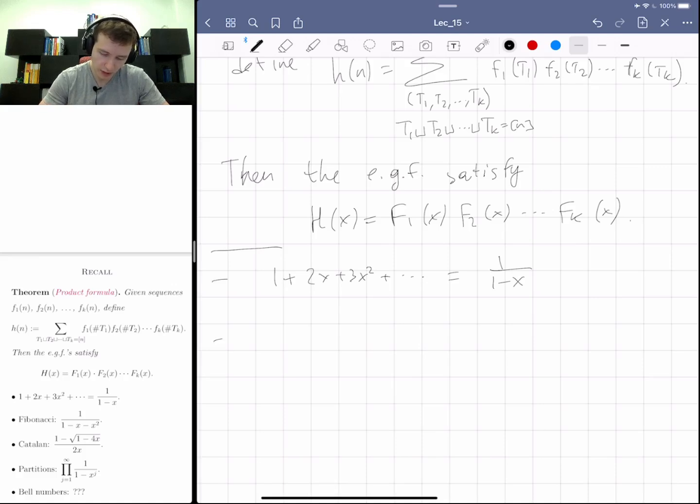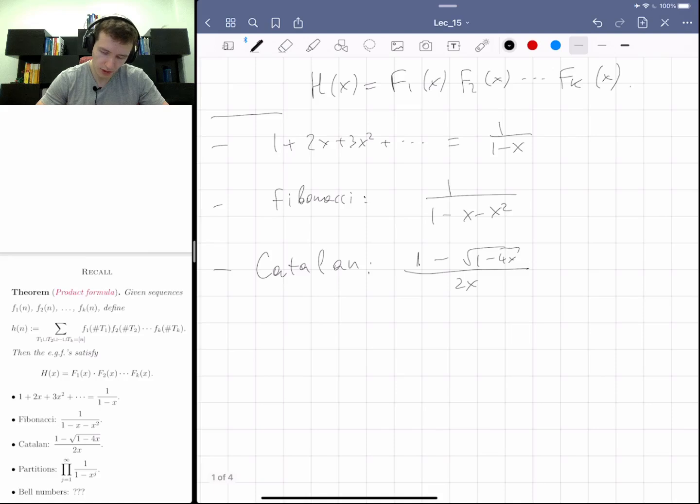The Fibonacci sequence gives you 1 over 1 minus x minus x squared, and the Catalan numbers give 1 minus square root of 1 minus 4x over 2x.